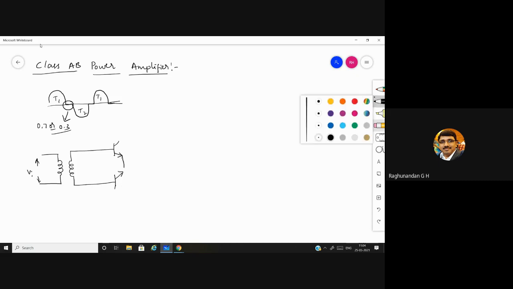Here also you can either use both NPN or PNP, or the complementary approach, since this is just the enhancement of class B push-pull amplifier.